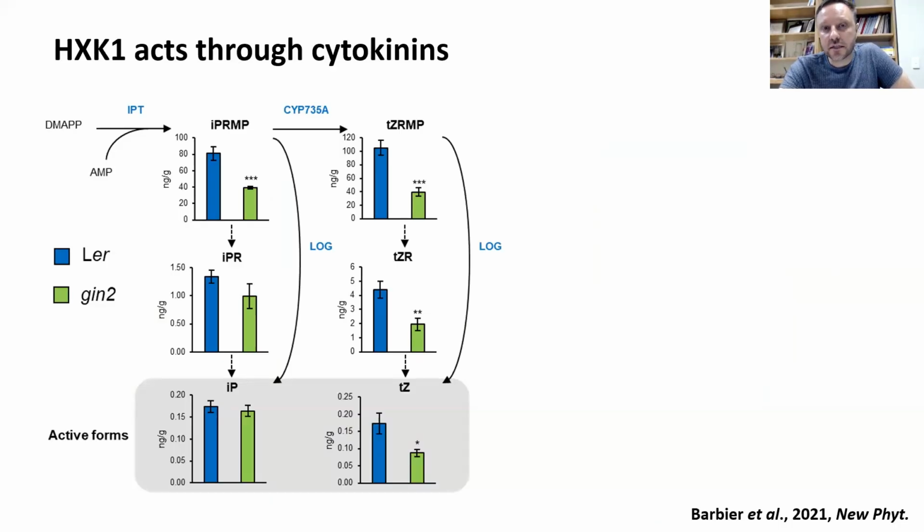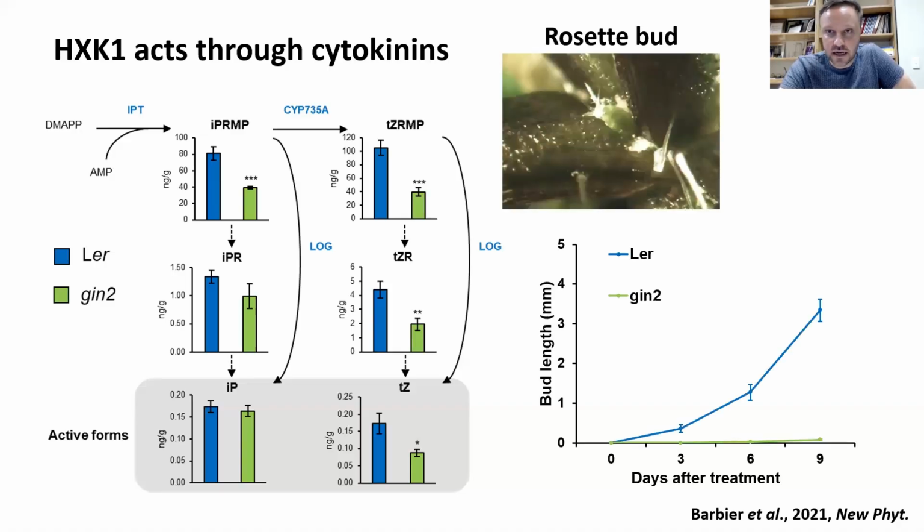So we tried to test if part of the decreased branching of gin2 was due to a lack of cytokinin. So we decided to treat axillary buds. In Arabidopsis, they are very, very tiny at the axil of the leaves in the rosette. And as you can see here, the buds of gin2 grow a lot less than the wild type.